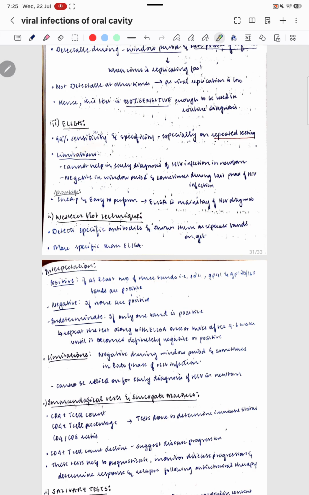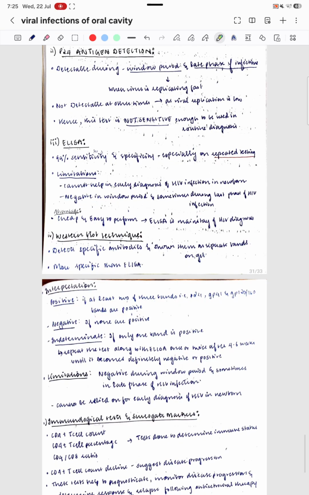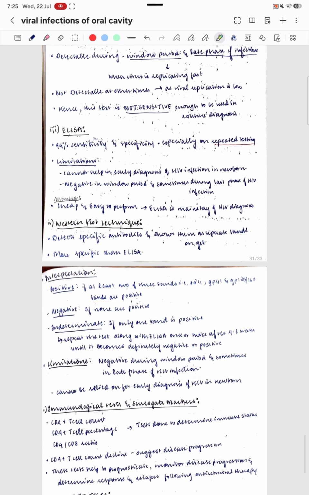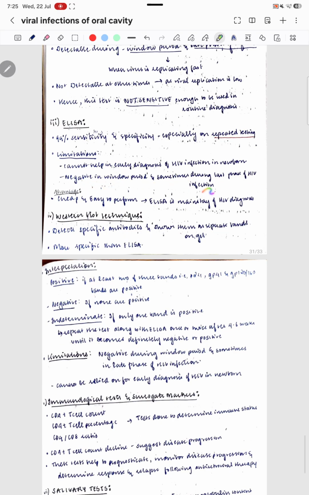That is, it is a good tool for diagnosis, but it cannot help in early diagnosis sometimes, and it is showing negative in the window period, like your antigen test.